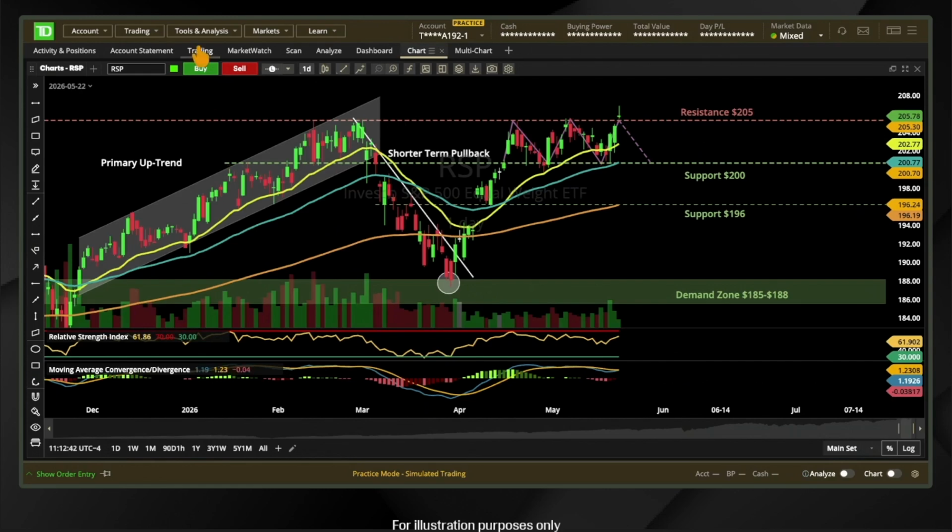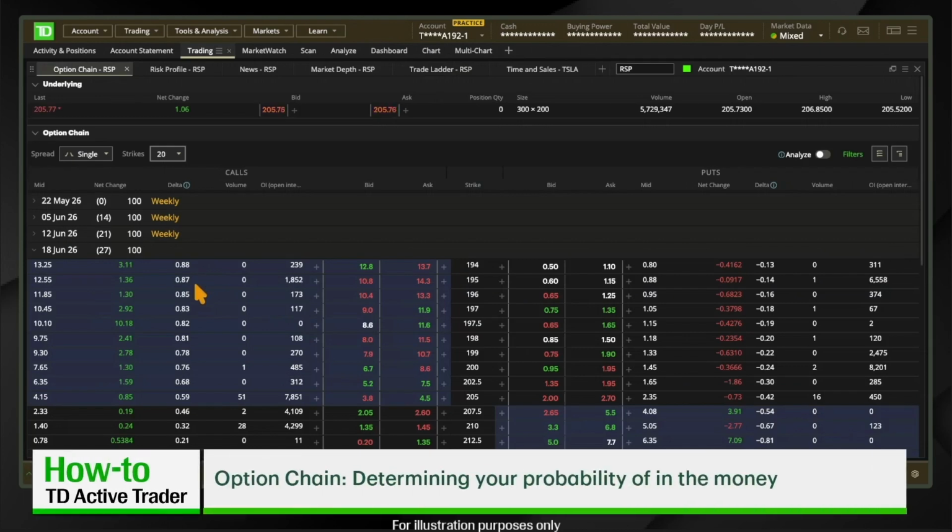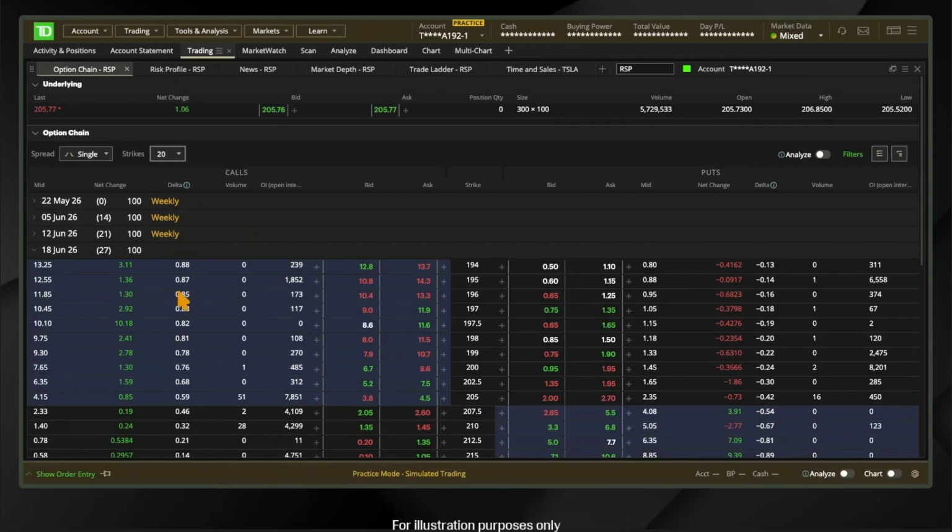Next, we're going to head into the options chain. Here you'll find one of the most common Greeks that's used by traders, and that is known as delta. So delta does a couple of things. First, it shows you how much the price of an option will move for every $1 move on the underlying or the stock, in this case that we're looking at. But here's where it really matters for those that are picking your strike.